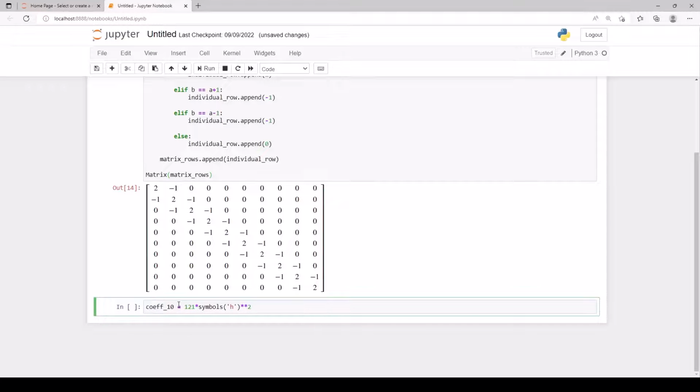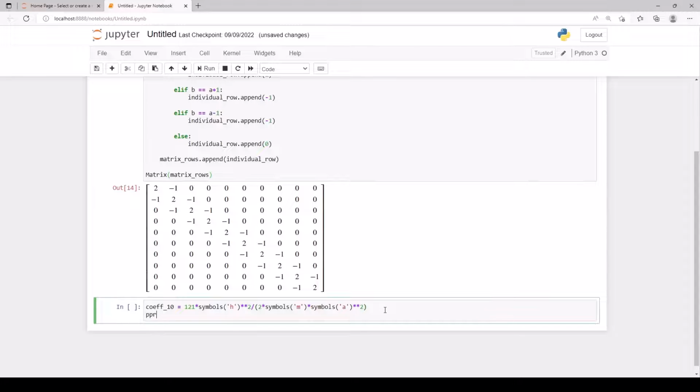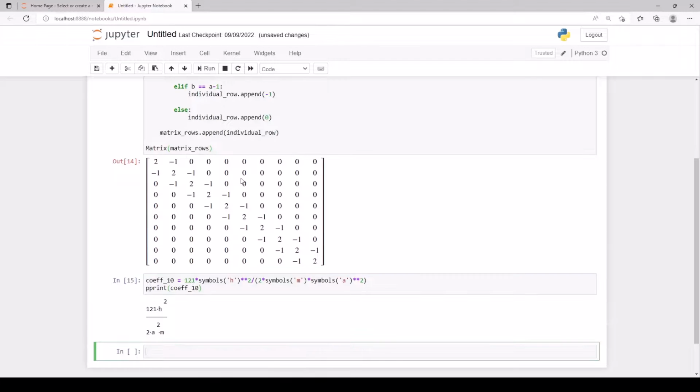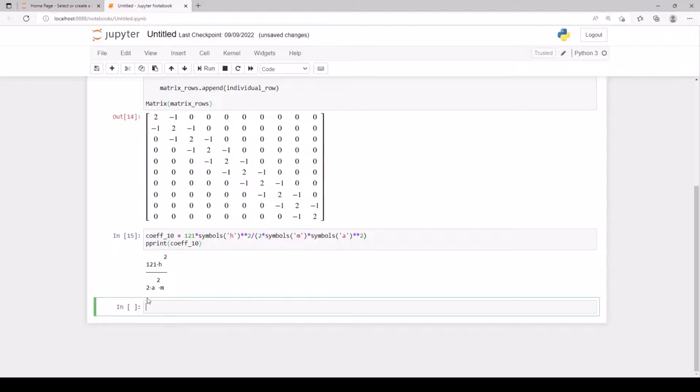Then this whole thing is divided by 2 multiplied by m, so symbols m, multiplied by a squared, so symbols a squared. If I print out coefficient 10, this should give me 121 h bar squared over 2ma squared, like that.